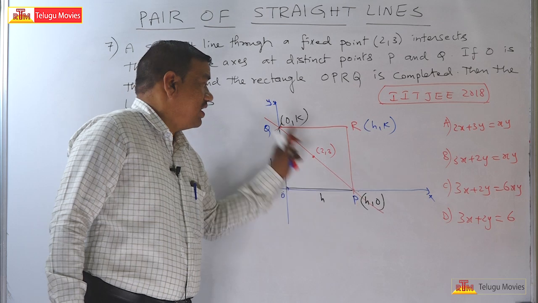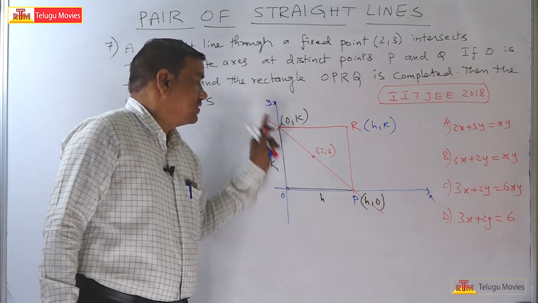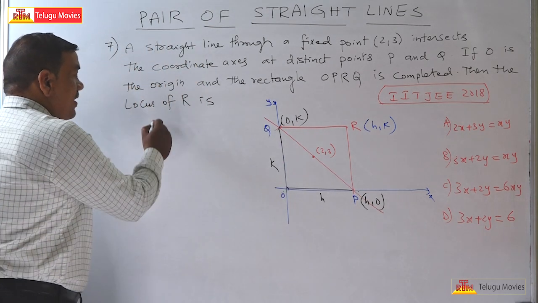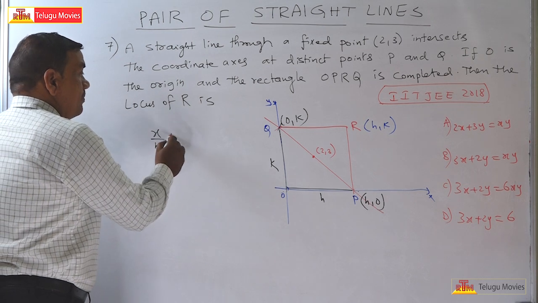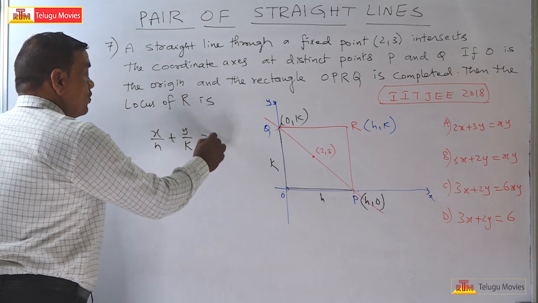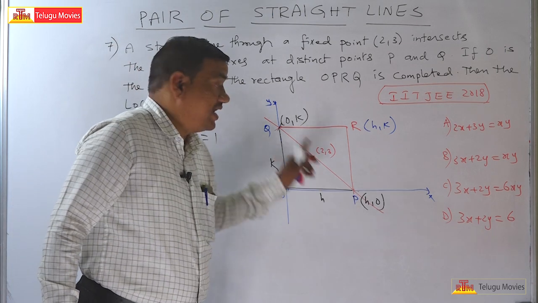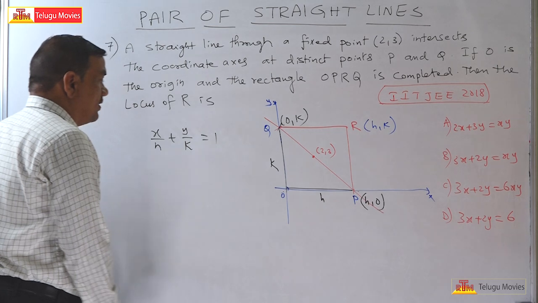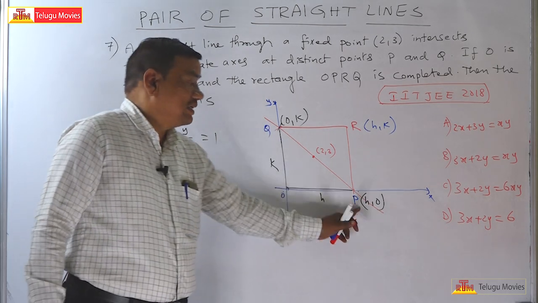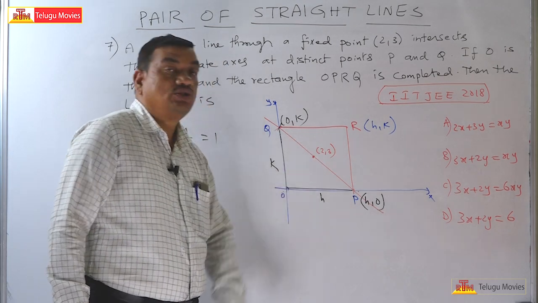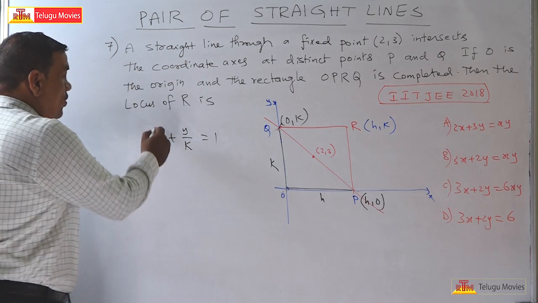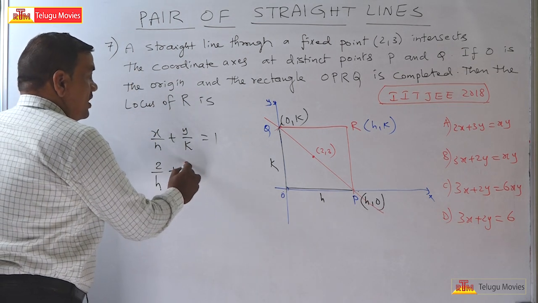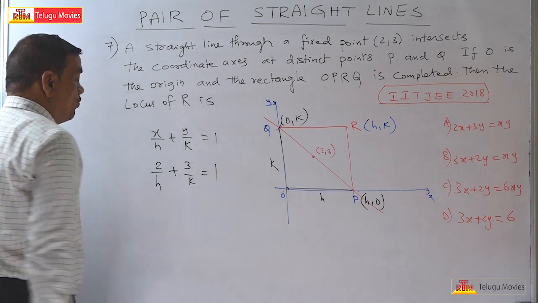Then what is the equation of this PQ? It is given by x by a plus y by b is equal to 1. Here a means H, b means K, so x by H plus y by K is equal to 1. This line PQ passes through the point 2 comma 3. Therefore 2 by h plus 3 by k is equal to 1.